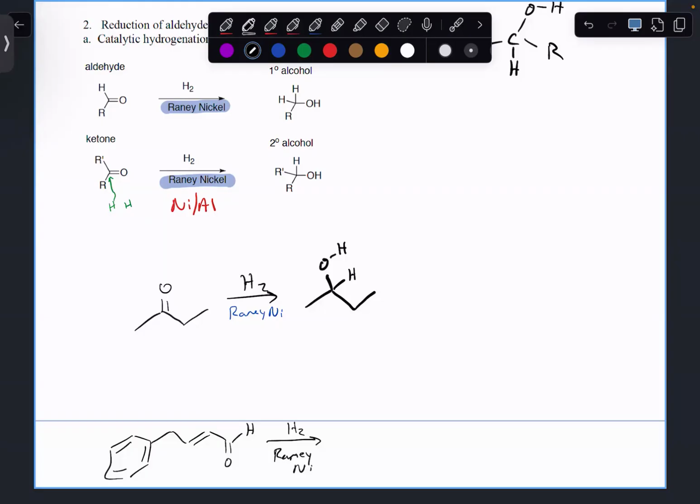So they're usually not too terrible. Again, just like with the hydrogenation of the alkenes and alkynes, you just need to add a hydrogen to each of the double bond members. So I added a hydrogen to the double bond carbon, and I added a hydrogen to the double bond oxygen. And we started with a ketone, and you end up with a secondary alcohol.